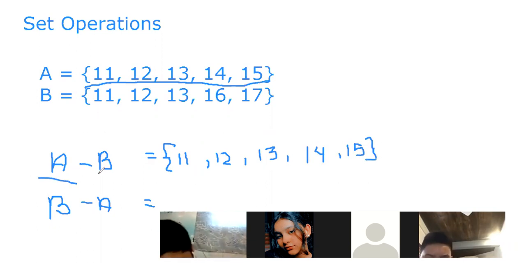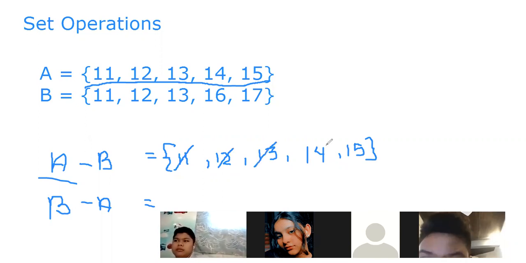Ngayon, sabi dito, ibabawas daw natin sa kanya si set B. So, si set B ba may 11? Opo. Ay, bawas na kagad si 11. Si set B ba it has 12? Opo. Yes. Si set B may 13 ba? Yes. Si set B may 14? Wala po. Set B has 15?